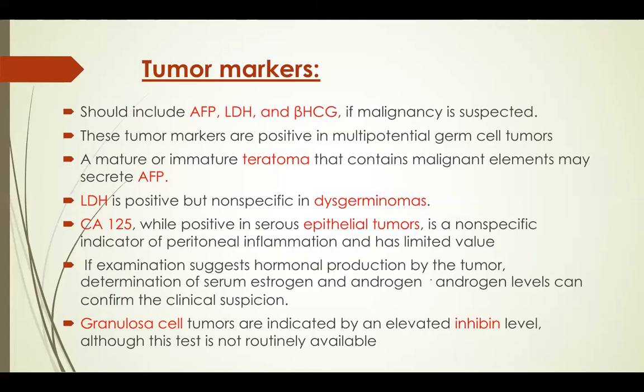So it has limited value in this age group. If the examination suggests hormonal production by the tumor, you can ask for serum estrogen and androgen levels to confirm your suspicions. Granulosa cell tumor, which is a sex cord tumor, is indicated by an elevation in inhibin level, but this is not routinely available in the hospitals.